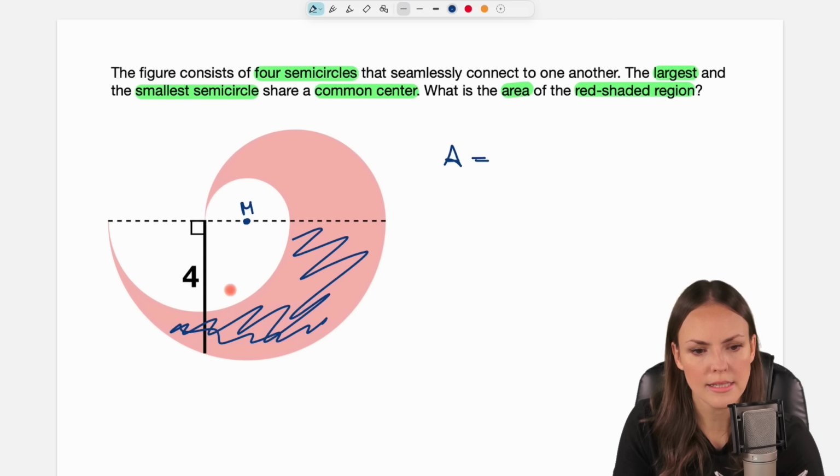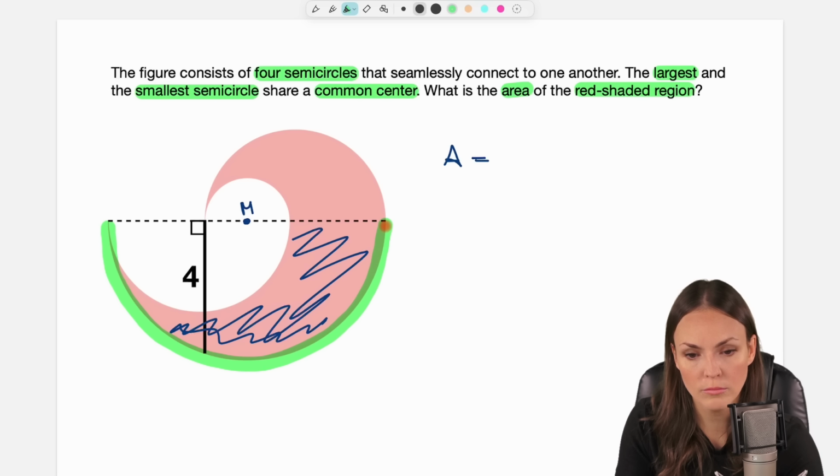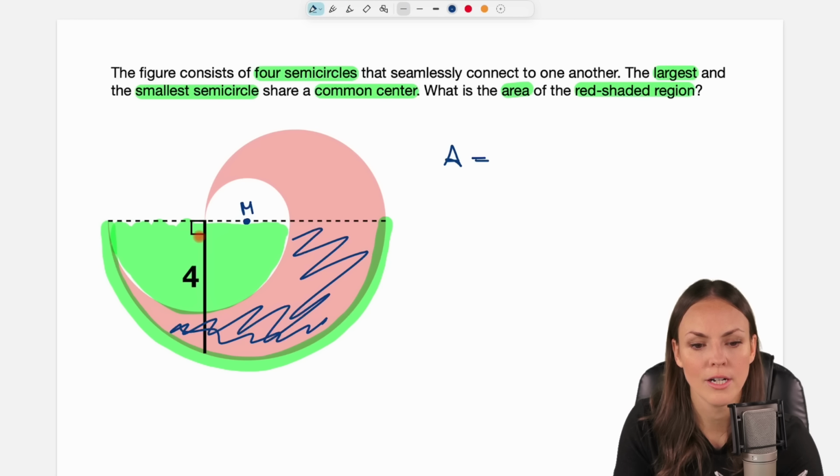Well, it consists of this largest semicircle, but this area would be too much because we are only interested in this red area here. So we would have to subtract the area of this semicircle here. That is green now. It was white before, but now this is our green semicircle.